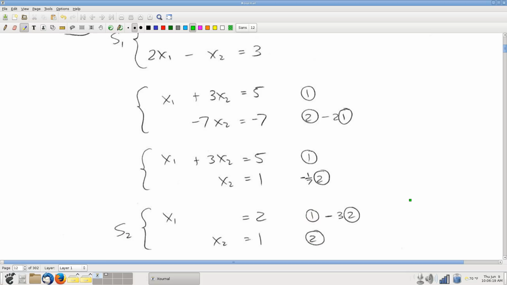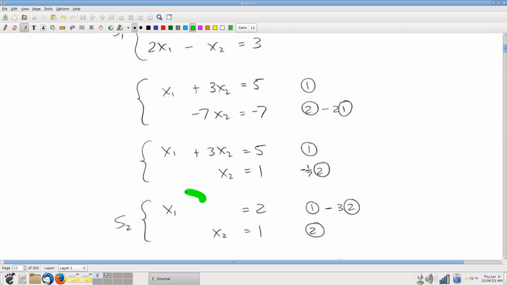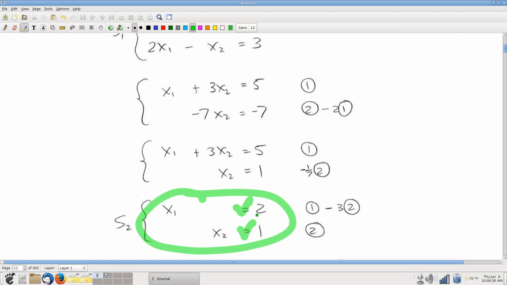And at this point, actually, we see some really good news, and that is that I actually can, at a glance, tell you the complete set of solutions to that system. Because it's a really easy system, and I see x1 has to be 2 to solve that system. x2 has to be 1 to solve that system. Done, right? There's nothing else to know.